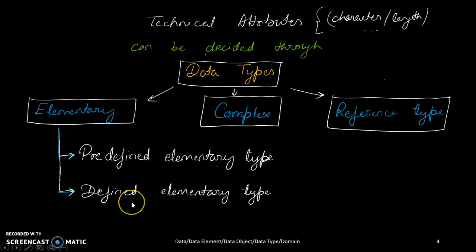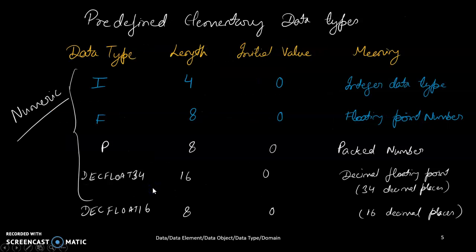The predefined and defined elementary types we will be discussing here. Predefined means almost all the data types are defined previously. Previously defined means, what is the length? Length in terms of bytes, not characters. And the initial value: what initial value does it possess when nothing is allocated to it?